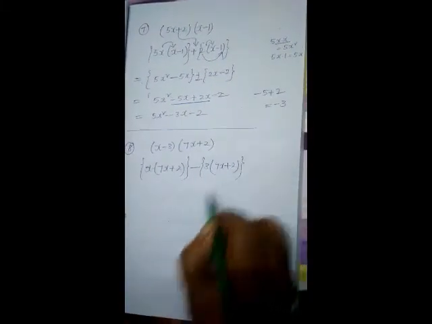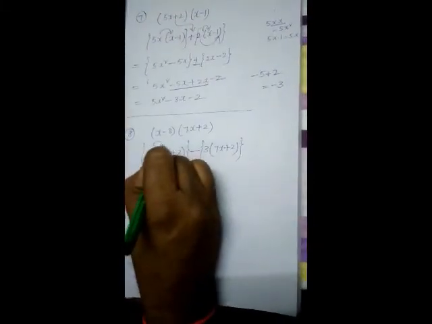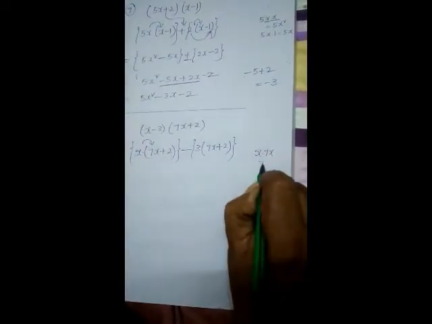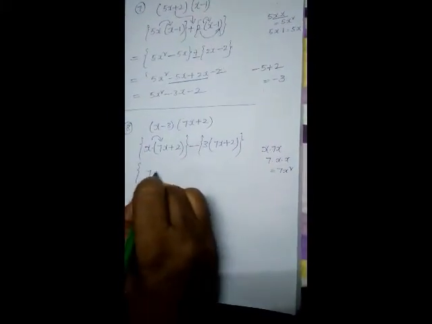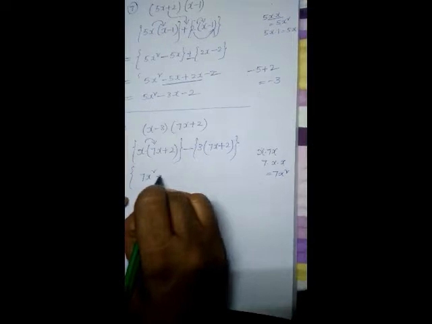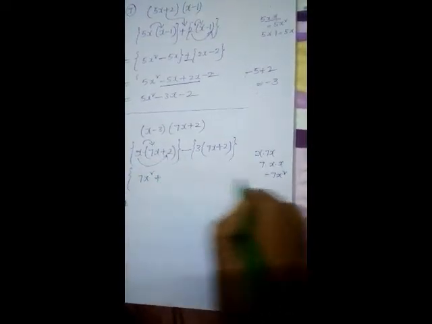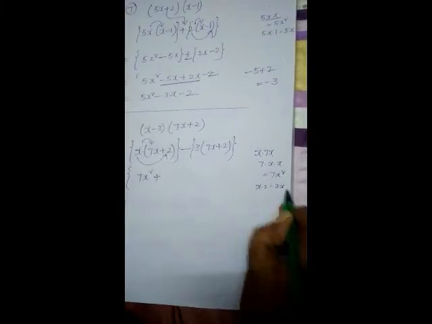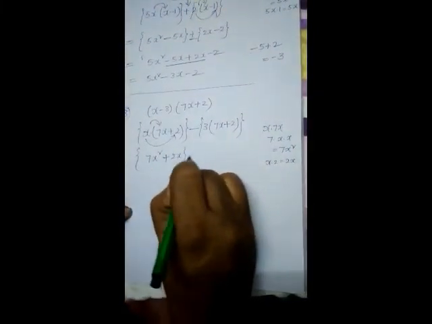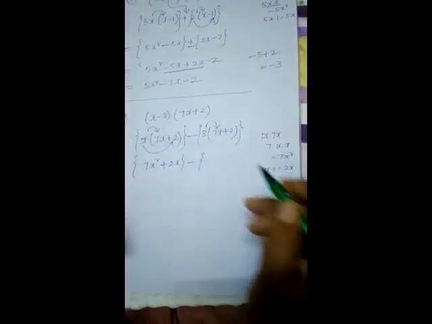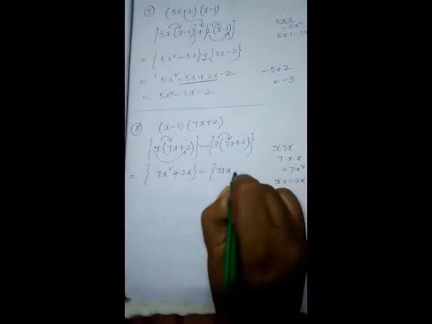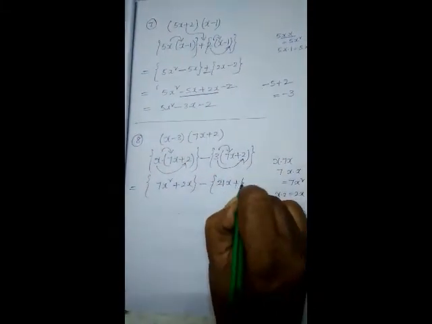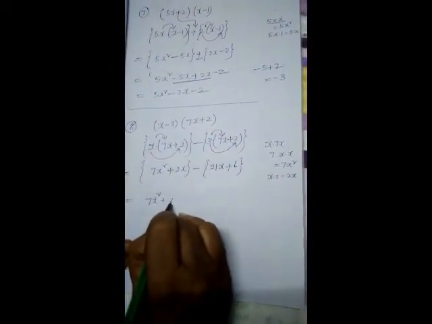This is equal to X into 7X, which is 7X square, plus X into 2, which is 2X, minus 3 into 7X, which is 21X, plus 3 into 2, which is 6. Break the brackets: 7X square plus 2X.